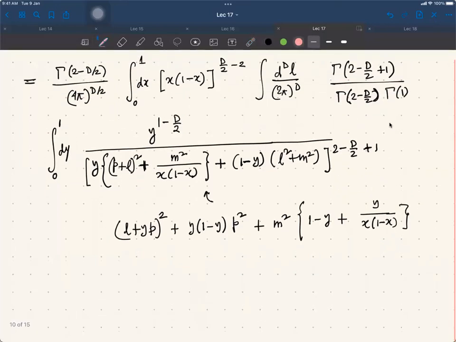Okay. Then this result is given by gamma 2 minus d by 2, which cancels here.